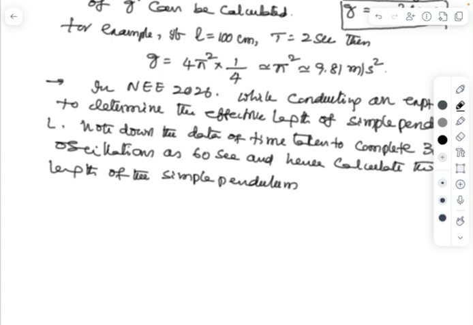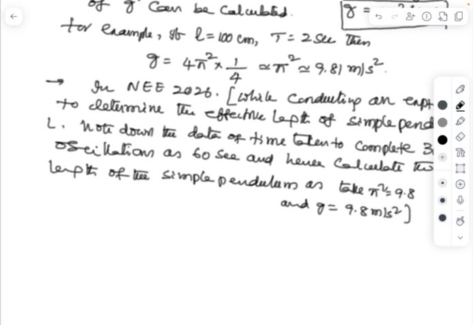Take pi square equal to 9.8 and g equal to 9.8 meter per second square. This is the problem. Let's see the answer.